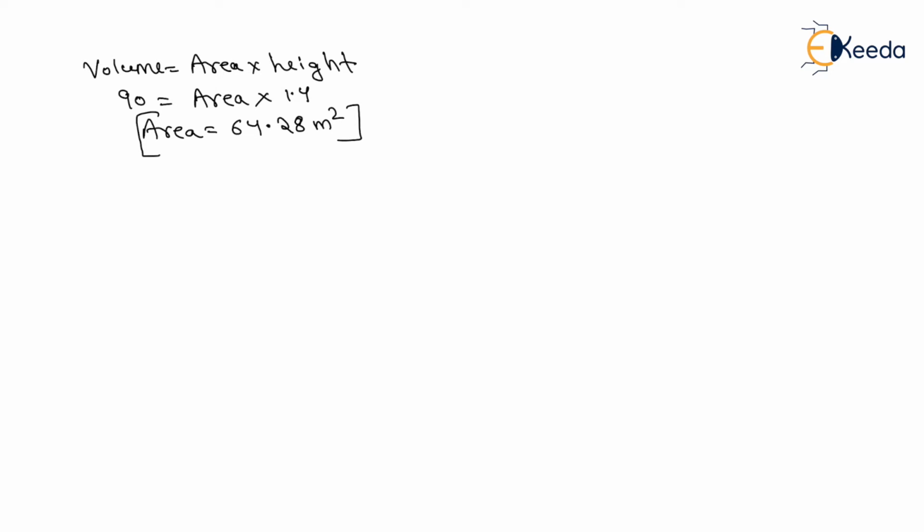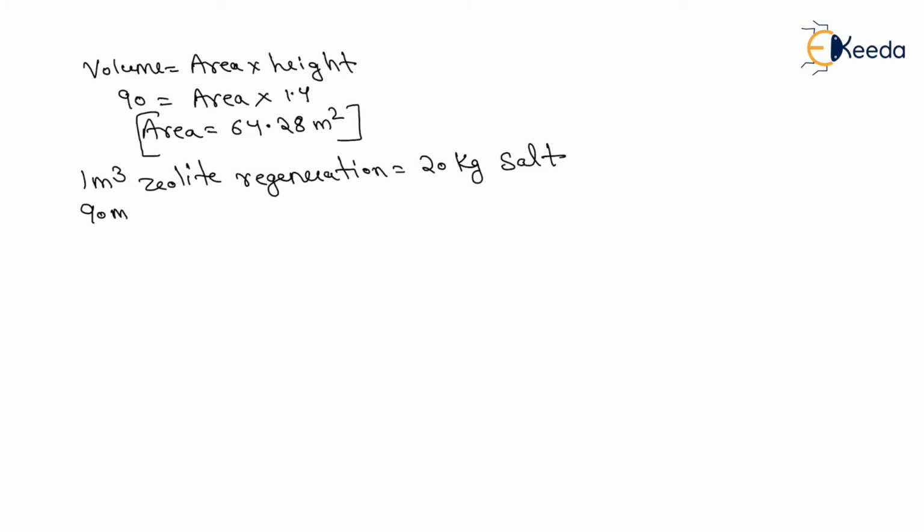Now in the question it is given that for 1 meter cube of zeolite regeneration, 20 kg salt is required. Now we want regeneration of 90 meter cube of zeolite because the volume of zeolite is 90 meter cube.